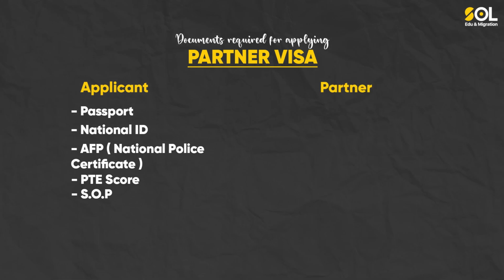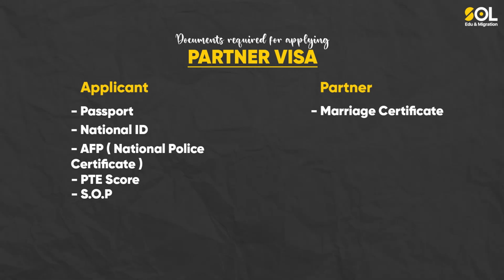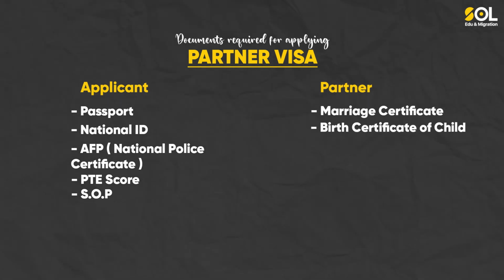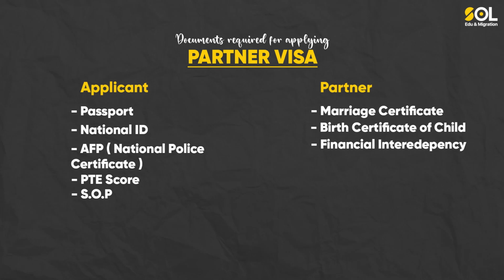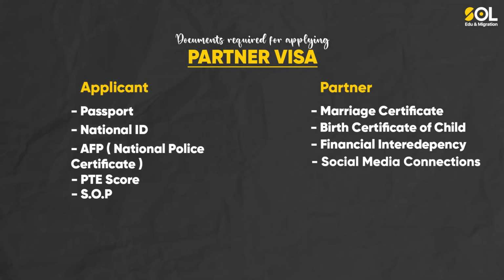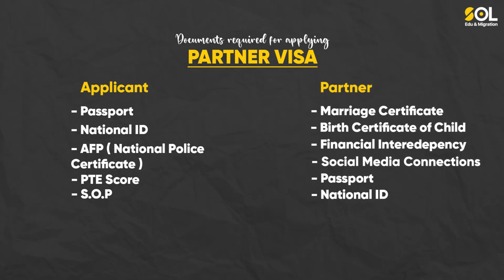And from your partner's side, we need to provide a lot of relationship-based evidence, like your marriage certificate, and if you have any child, the birth certificate of that child. We need to show the financial interdependence. We need to show chat history or how you were connected while you were away. And the very basic documents of your partner, like identity documents and national ID, are needed.